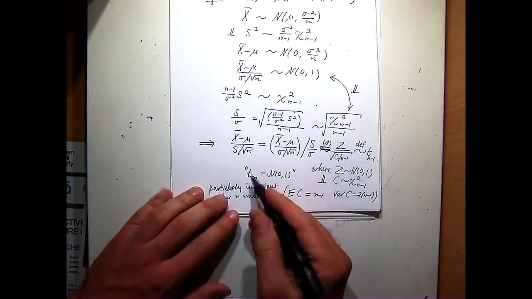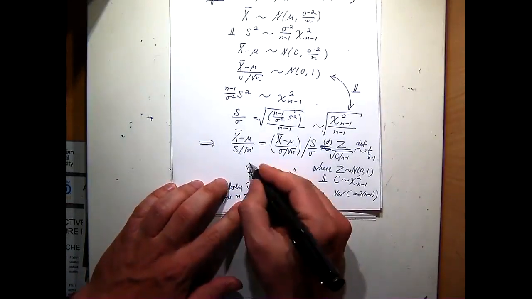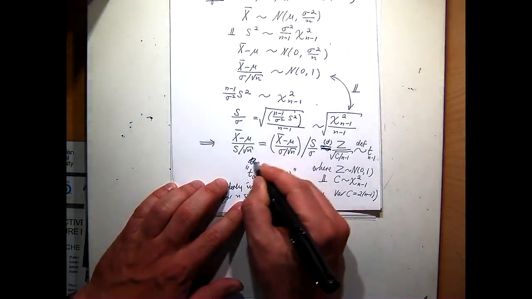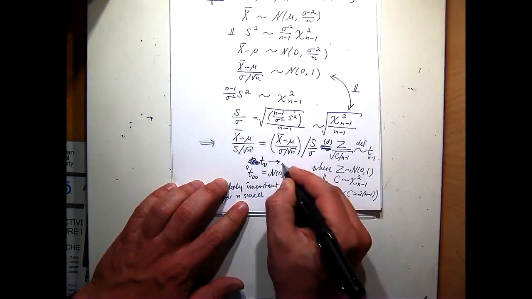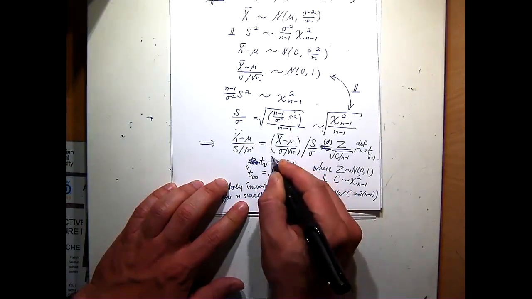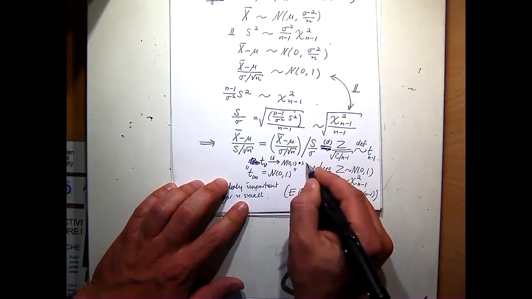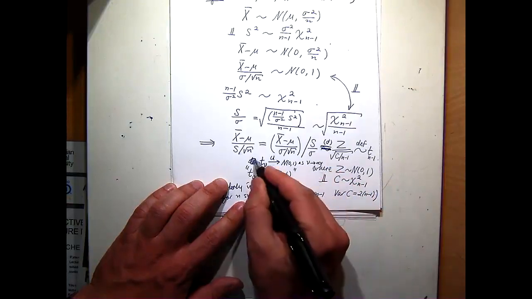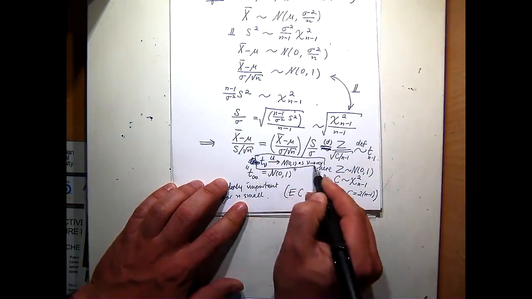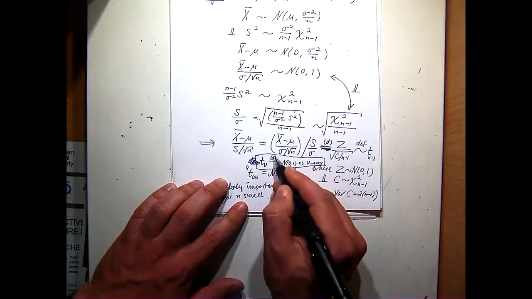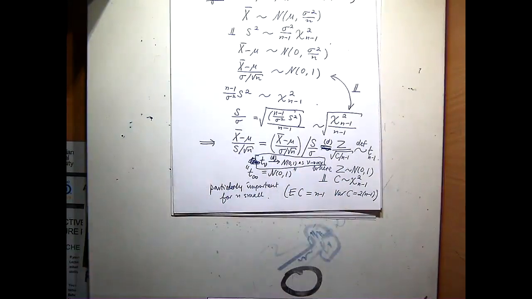A more precise way of saying that is that t nu converges to normal 0, 1 in distribution as nu goes to infinity. Nu is a standard letter for the number of degrees of freedom. While that's true, the relative rate of convergence is a lot quicker near the middle than it is at the end.